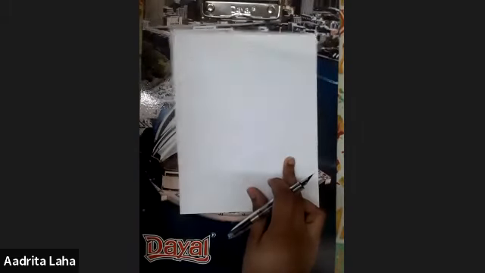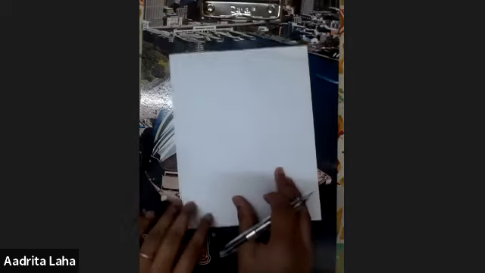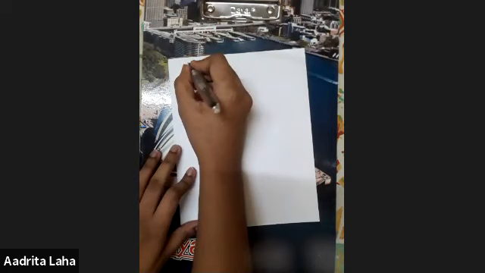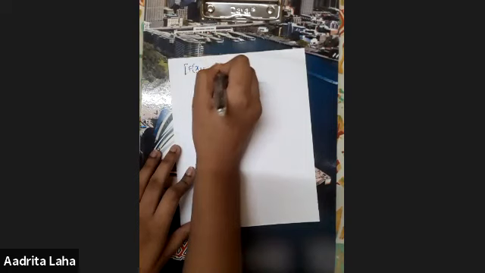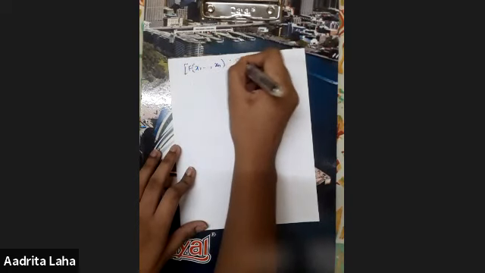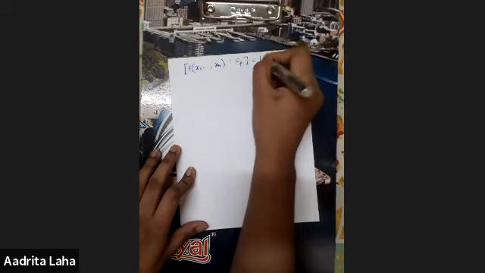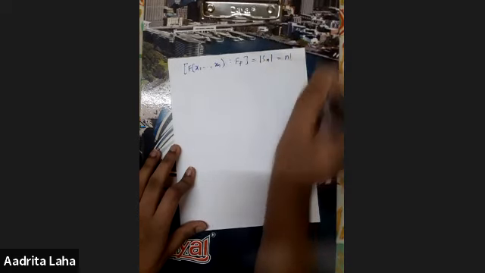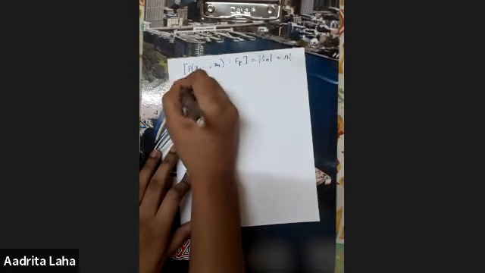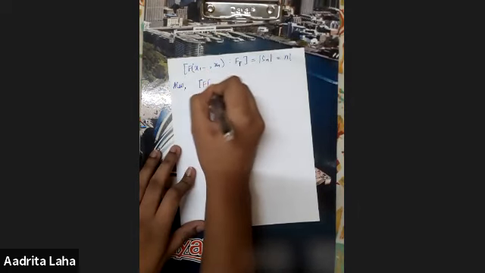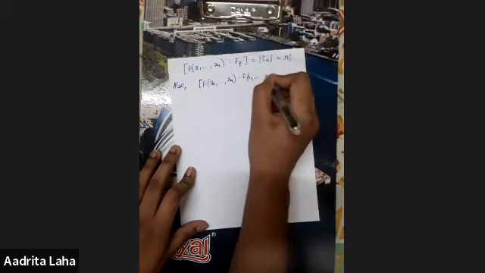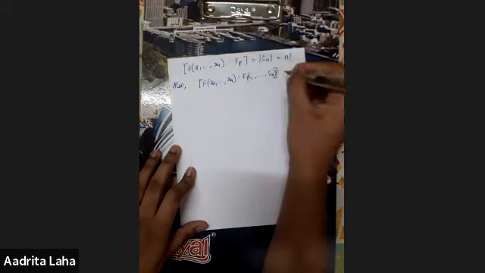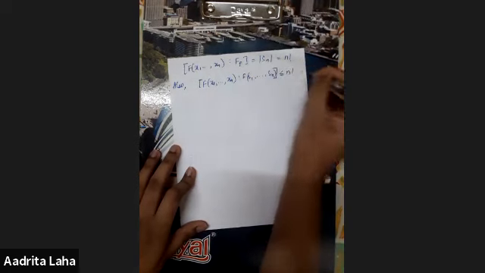And next we give the final proof using the degree. By the fundamental theorem of Galois theory, since the extension is Galois, the degree of F(x1, ..., xn) over the fixed field is equal to the order of Sn, which is n factorial. Also, the degree of F(x1, ..., xn) over F(s1, ..., sn) is less than or equal to n factorial. Why?